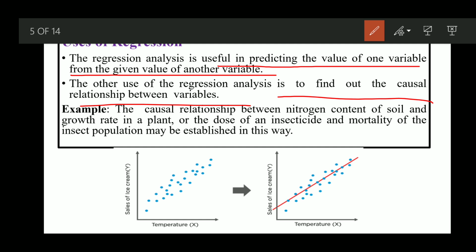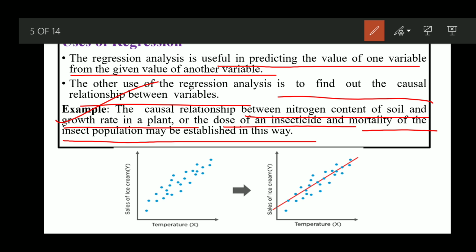Thus we can say that there is a causal relationship between variables x and y. Examples of causal relationships are the relationship between the nitrogen content of soil and the growth rate of a plant, or doses of insecticide and mortality of an insect population.